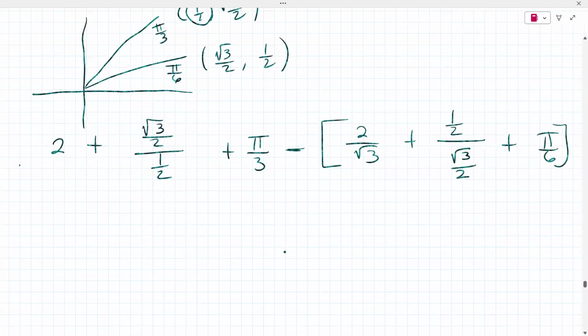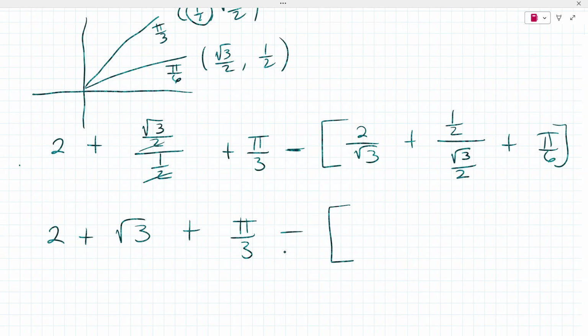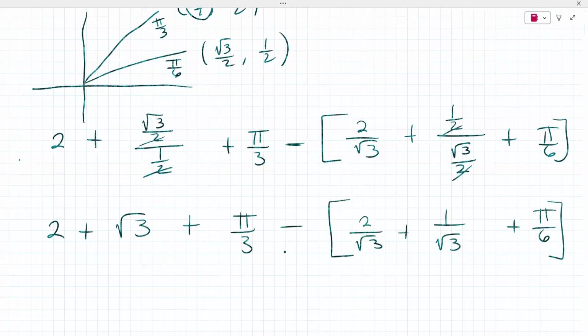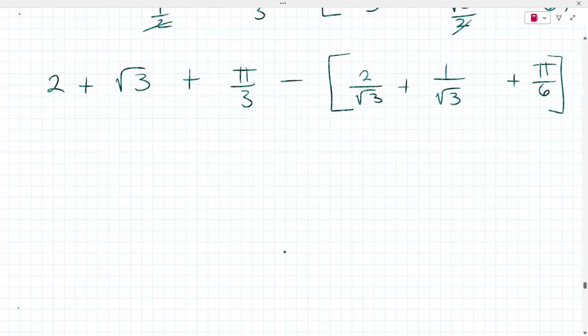Okay, so if you clean this up a little bit more, this is going to be 2 plus, over here we have a complex fraction, the 2's cancel, you're just left with radical 3 plus pi over 3 minus 2 over radical 3. So here the 2's cancel, so you're just left with 2 over square root of 3 plus 1 over radical 3 plus pi over 6. And put it all together.